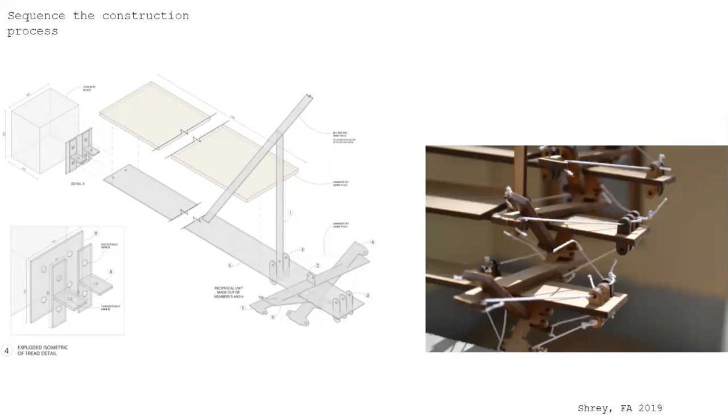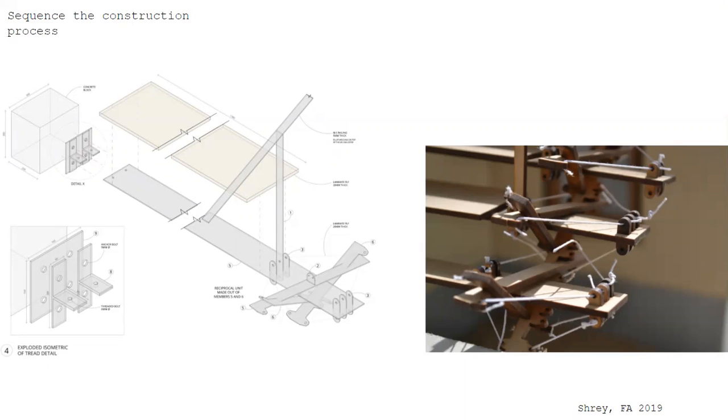We will be focusing on sequencing the construction process because one of the abilities that we are looking for or trying to build in this studio is ability to visualize construction process. And I'm using this term visualize very carefully because unless we have ability to visualize, it becomes very difficult for us to plan construction process.